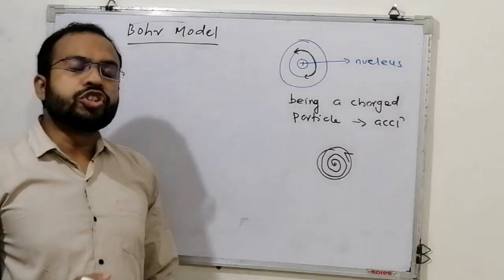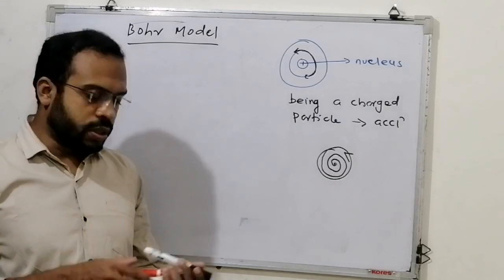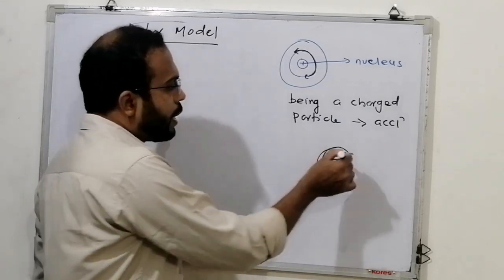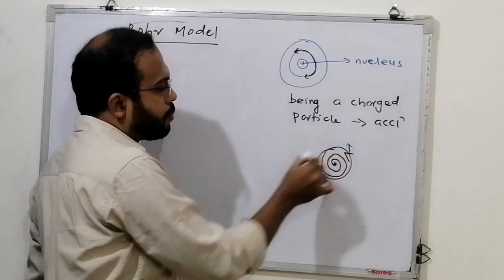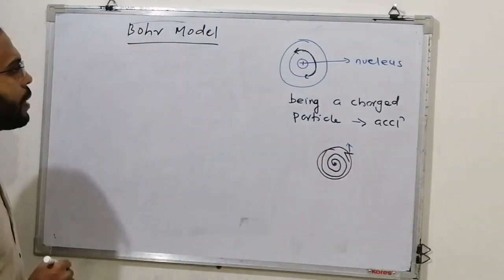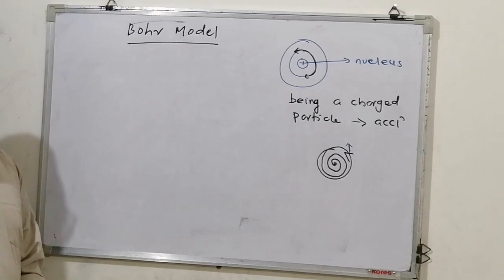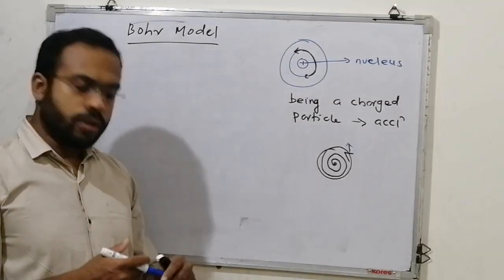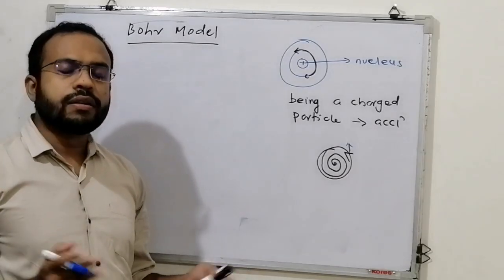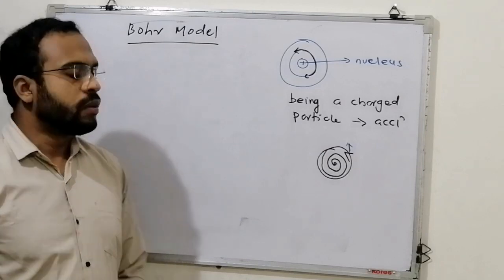That is a normal principle of physics. When a charged particle undergoes a circular motion, there will be an energy loss and finally it should end up at the center. But in the case of an atom, that doesn't happen. Why doesn't that happen? The stability of the atom couldn't be explained by the Rutherford model.